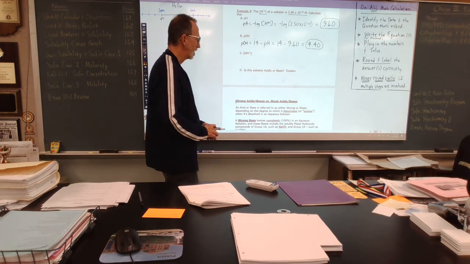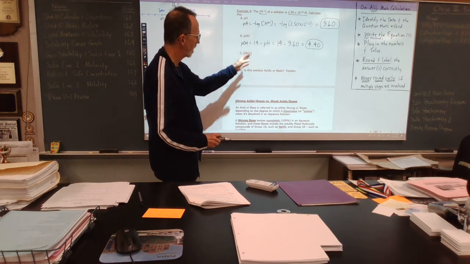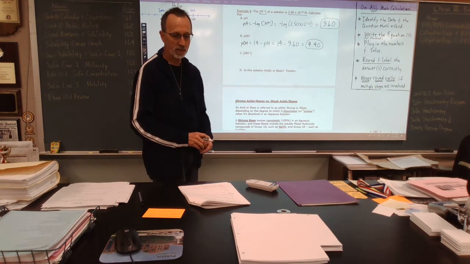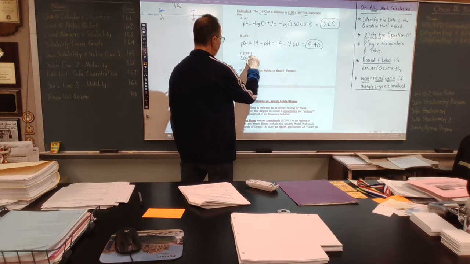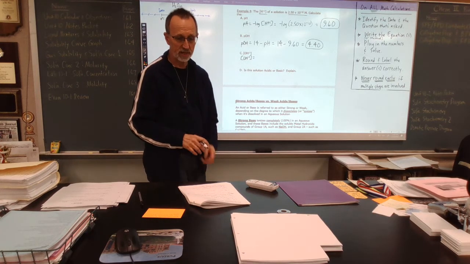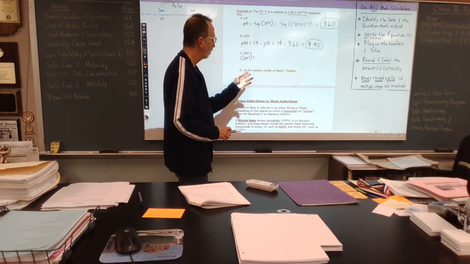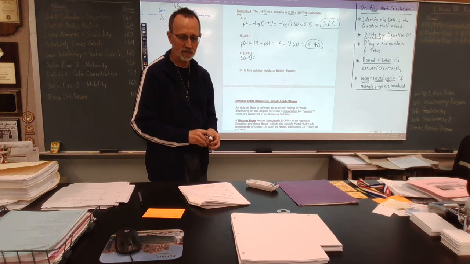C, the hydroxide concentration. Well, we have a link between hydroxide concentration and pOH, so we'll use that. The hydroxide concentration is equal to the inverse log of the negative pOH, and like I said, on most of your calculators that button is labeled 10 to the x.